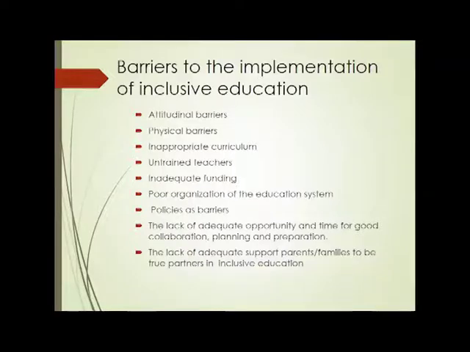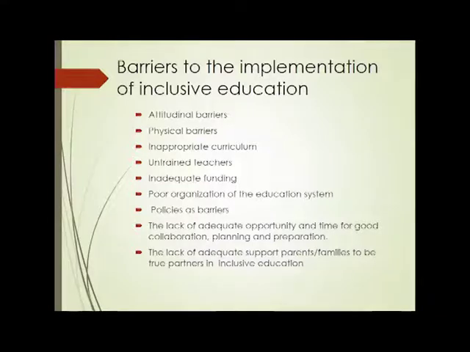What makes implementation of inclusive education difficult? So we have attitudinal barriers, where it's about attitudes. People don't want to accept things. It's hard to change people's beliefs. Physical barriers, for example, distance to schools, or if a child is in a wheelchair. Inappropriate curriculum, which is not appropriate for the system, and untrained teachers.